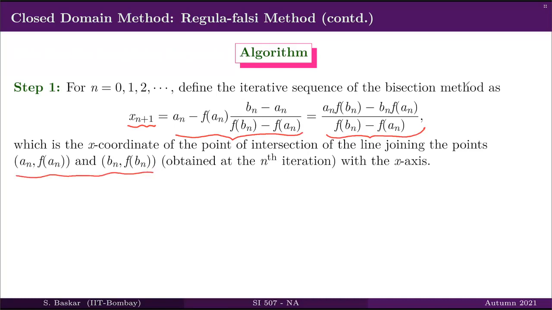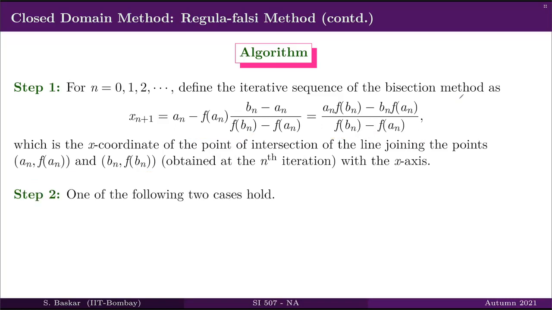Now, once you have xn plus 1, we have to devise the algorithm to shrink our interval. How will we go ahead with that? The rest of the idea is exactly the same as we have done in the bisection method. We will come across one of the following 2 cases.